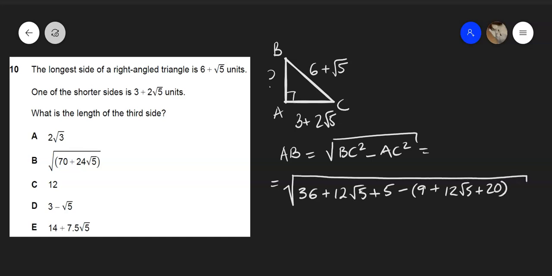Okay, and some of the stuff will surely get cancelled out. That's 12 root 5 and minus 12 root 5. So we have 36 plus 5, 41. 41 minus 20 is 21. 21 minus 9 is root 12. And the answer that is similar to root 12 in the given options list is 2 root 3, and this is answer A.